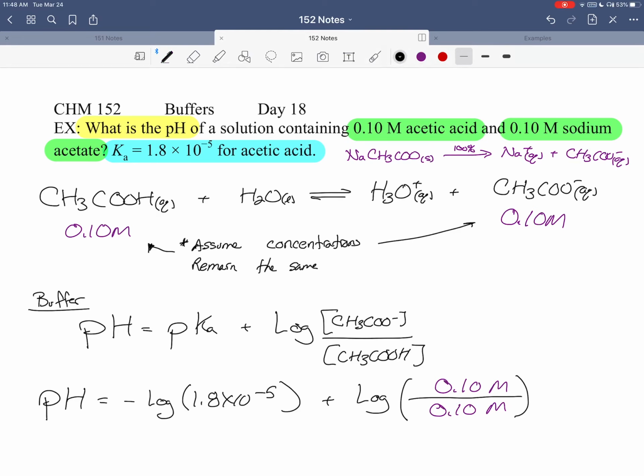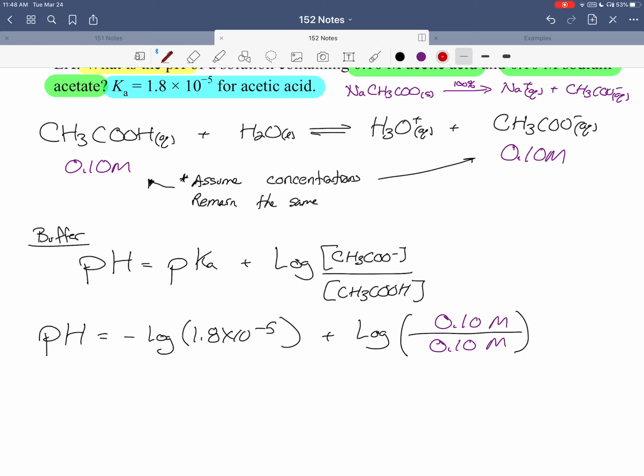Same concentration. Well, the log of 0.1 over 0.1 is the log of 1, and the log of 1, as you guys know, is 0. How convenient. So in this case, the pH equals the pKa, which is negative log of Ka. pH happens to be 4.74.